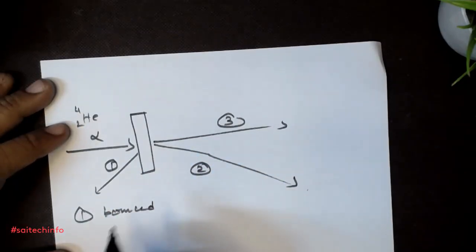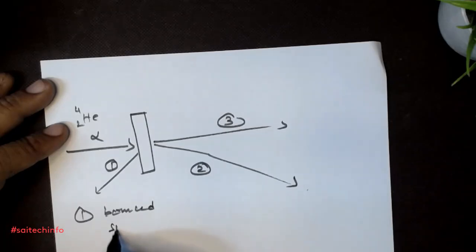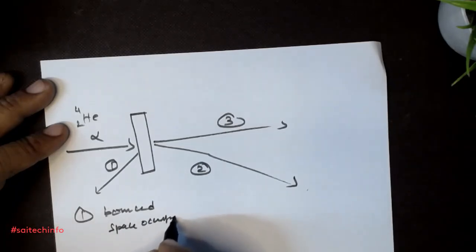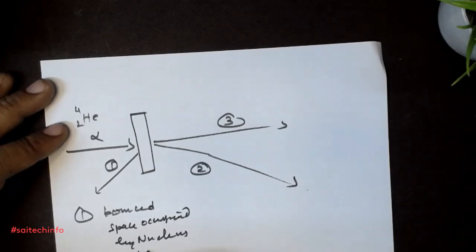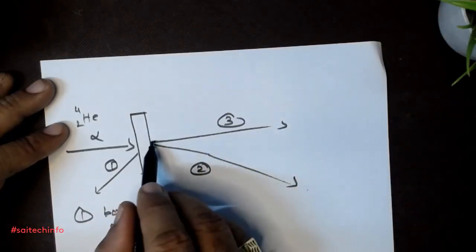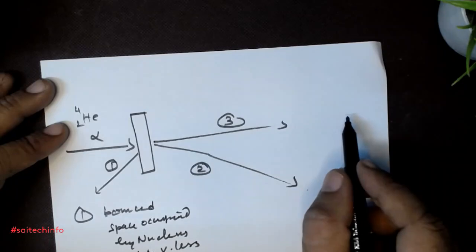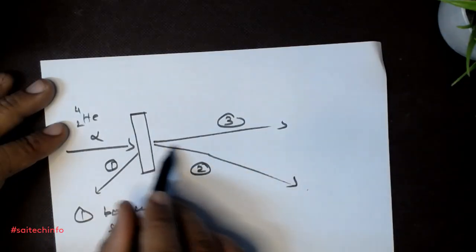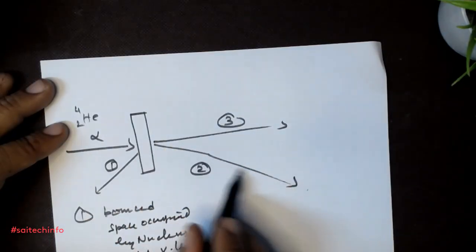So from this it is clear that the space occupied by the nucleus is very less. Whereas some of them go as though nothing has happened, but some of them get diverted.